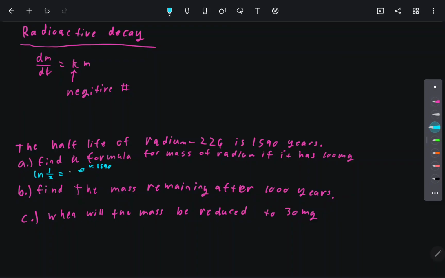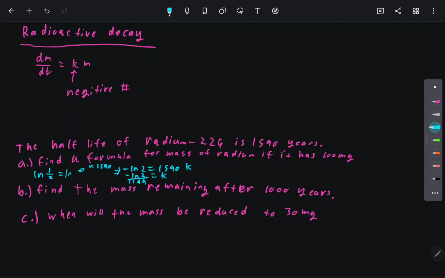Now we need to take the natural log of both sides, and what that's going to get us is negative natural log of 2 is equal to 1,590 k. So k is just equal to negative natural log of 2 over 1,590.